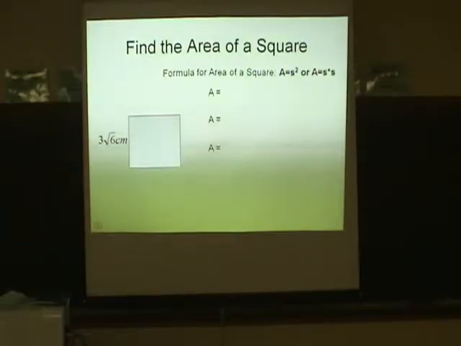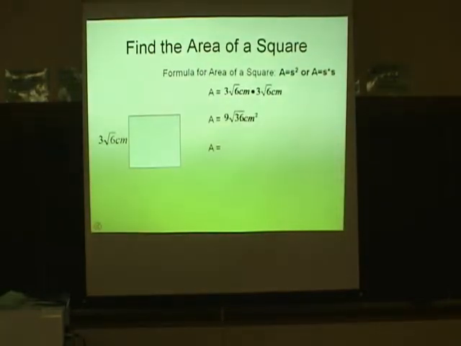Now the last one here is a square that we can actually use our formula at the top there of the area is the side squared or side times side. Since our side is 3 radical 6, I can write down 3 radical 6 centimeters times another 3 radical 6 centimeters.